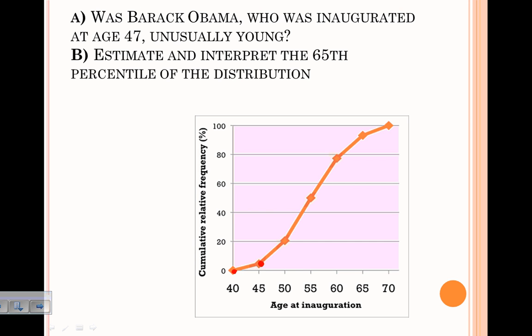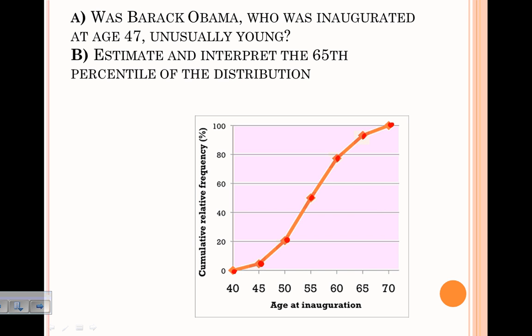Then my cumulative, again I'm adding up, I'm now at 21%. Again, I'm going to add for my cumulative relative frequency to the 55. Now I'm at 51%. And you keep going all the way up until you get to the 100% for those classes.